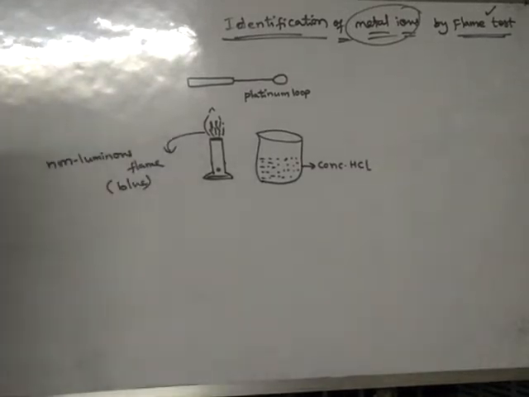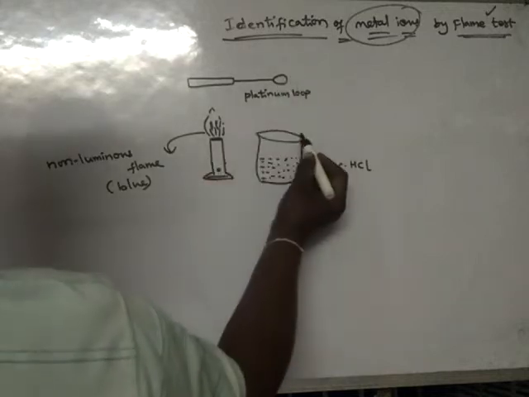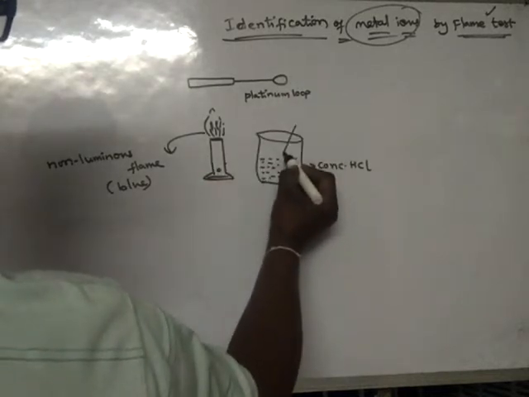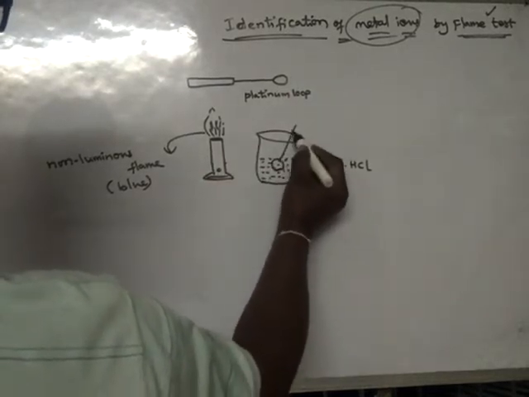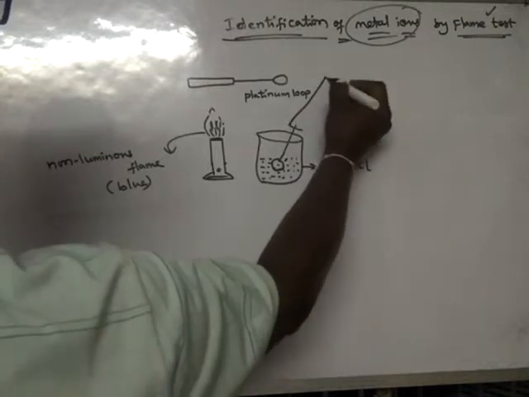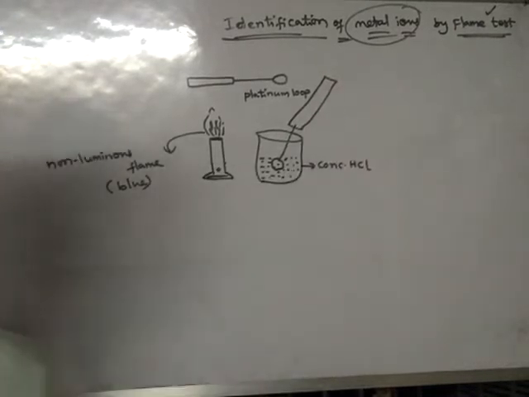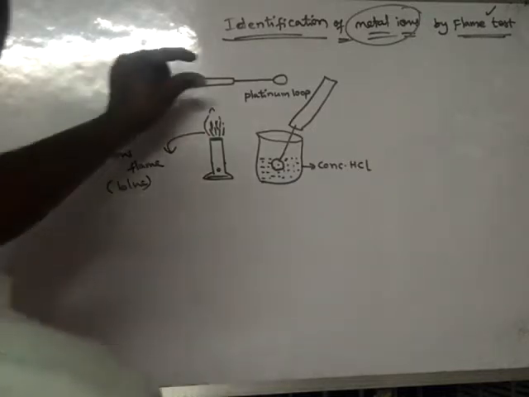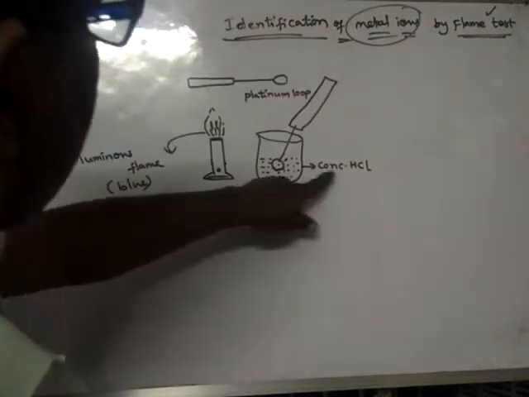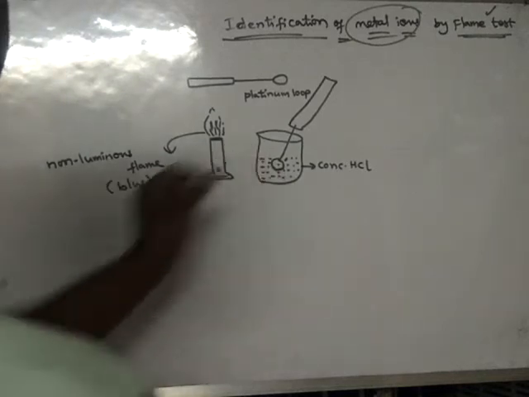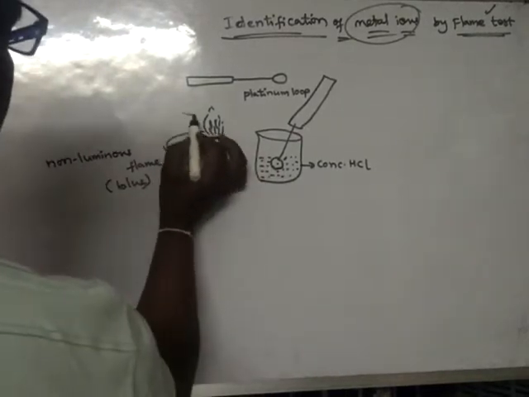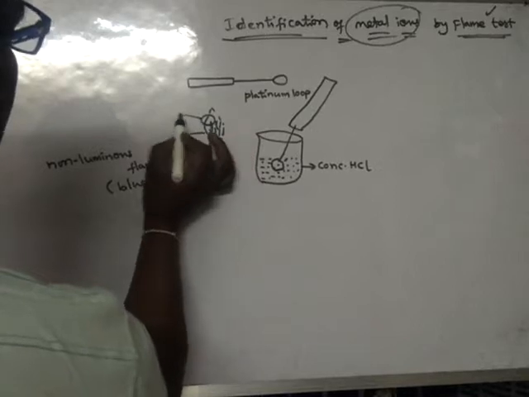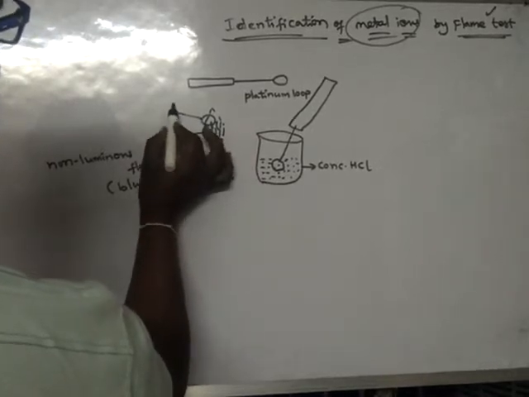Now simply dip this platinum loop in the concentrated HCl and bring the loop into the non-luminous flame.